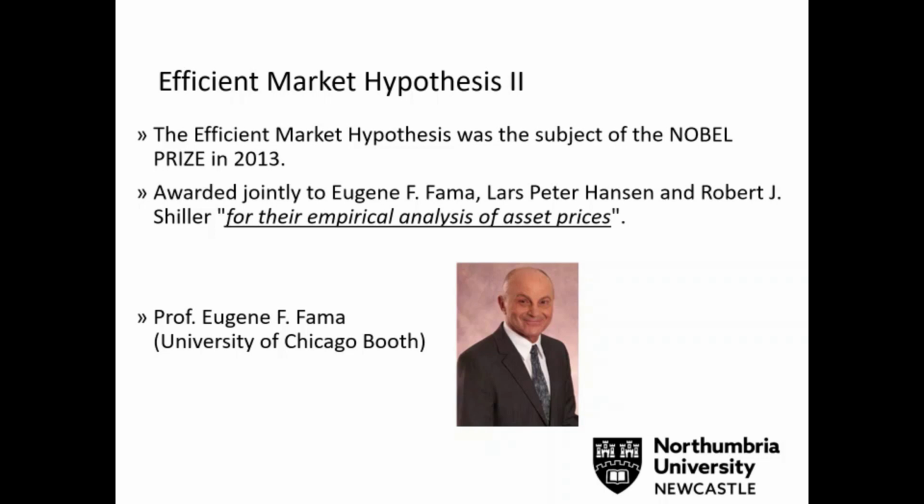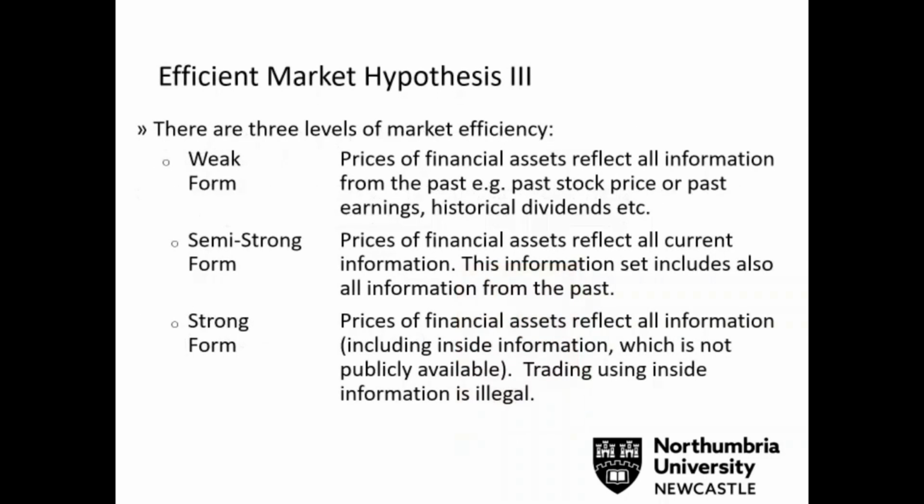So what does the theory suggest? Well, it proposes that there are three types of pricing efficiency. The first one is weak form, which suggests asset prices only reflect past information. So this could be previous annual report data, previous dividends, any sort of historical information.